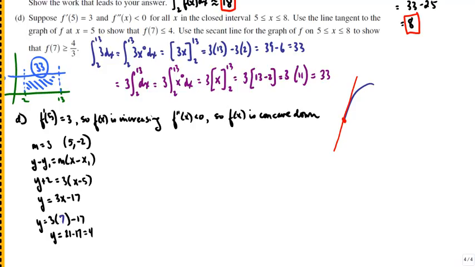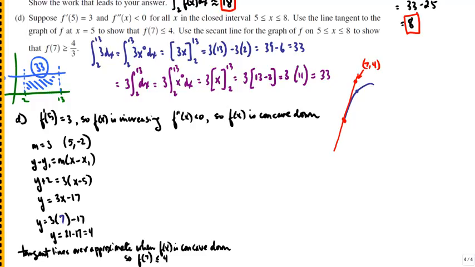And the way we do that is by stating that when a curve is concave down, a tangent line will always over-approximate. And so f of 7 has to be less than or equal to 4. So the blue point over on the right has to be less than or equal to 4. And so that does the first part of this.